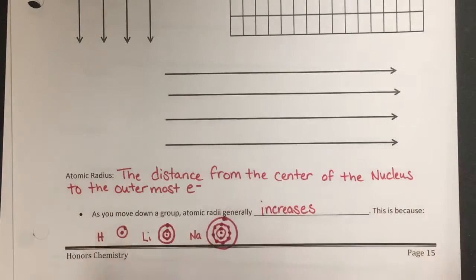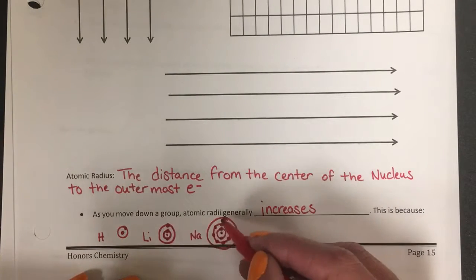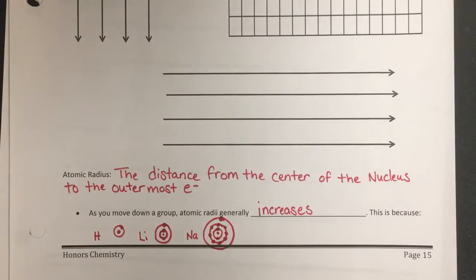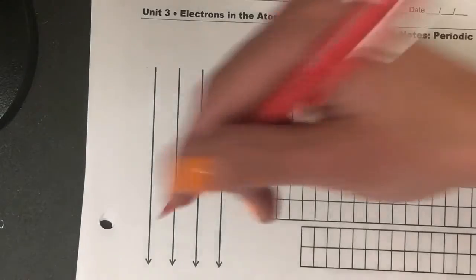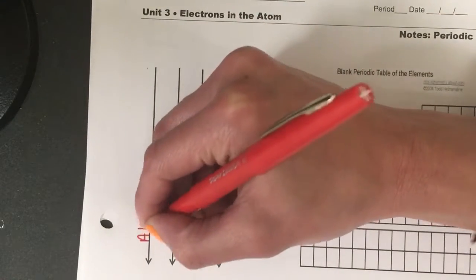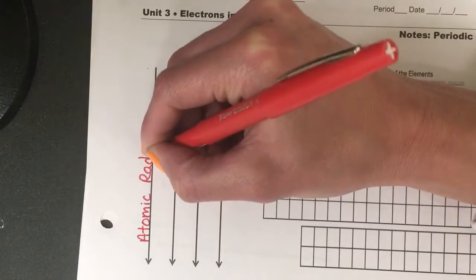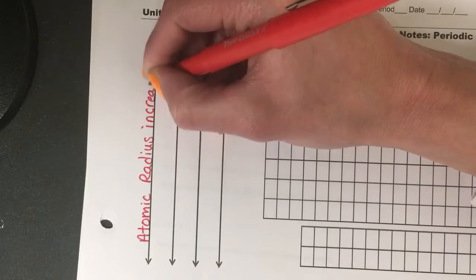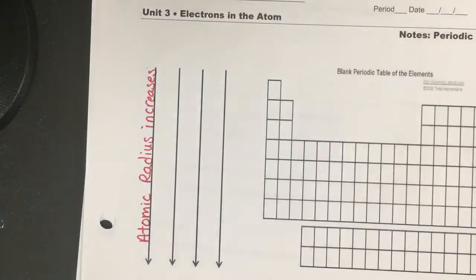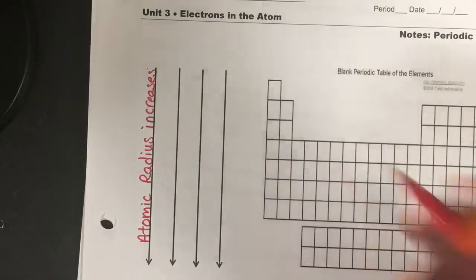And then it'll have 1 electron in the 3s. So see how we keep adding these electron orbitals and it keeps getting progressively bigger. Okay? So I'm going to add to my periodic table atomic radius. And it's increasing. So as I move down a group, atomic radius is getting bigger.